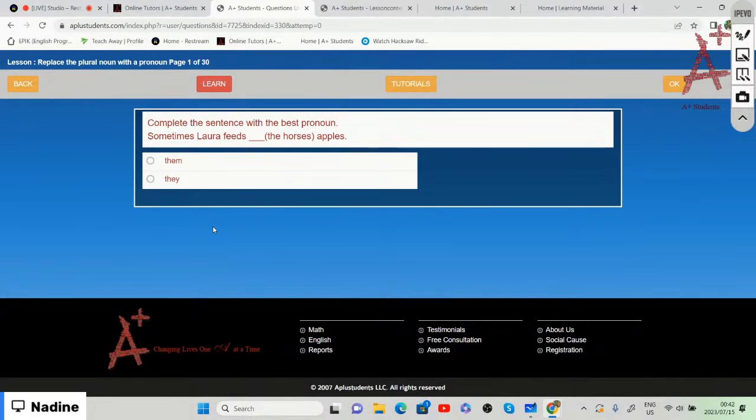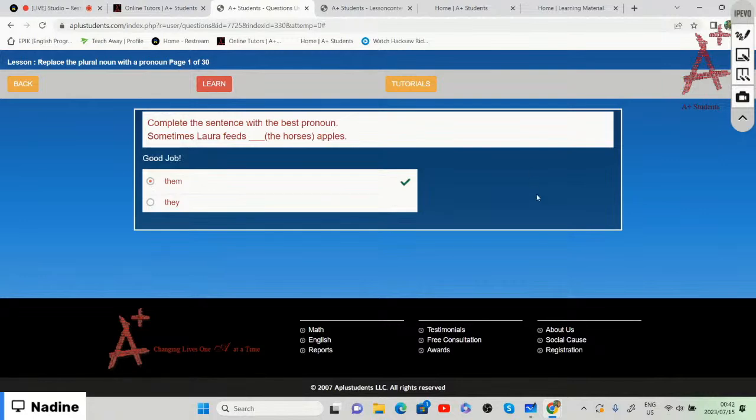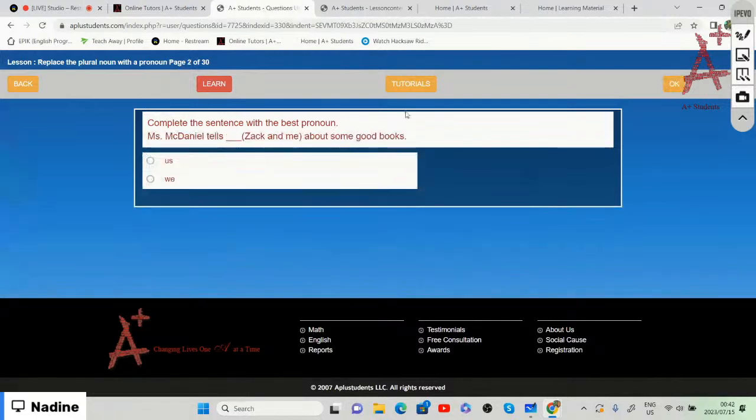We need to choose the correct pronoun to replace the words the horses. All right, so sometimes Laura feeds them apples, right? And them refers to the horses.